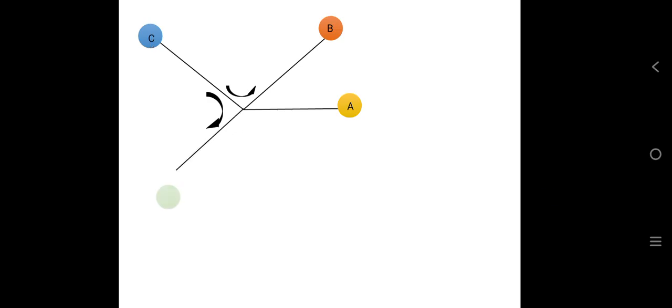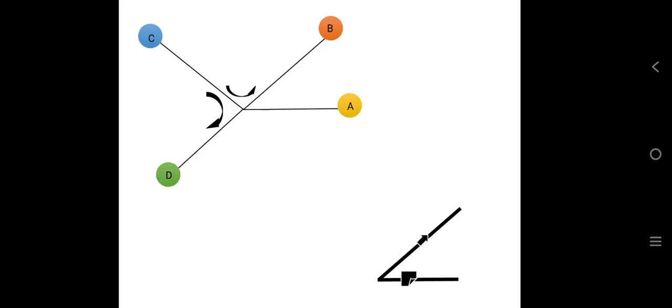Now we have to draw the angular diagram, the angle between A and B, and this is C, and this is D. So this is the force polygon diagram.